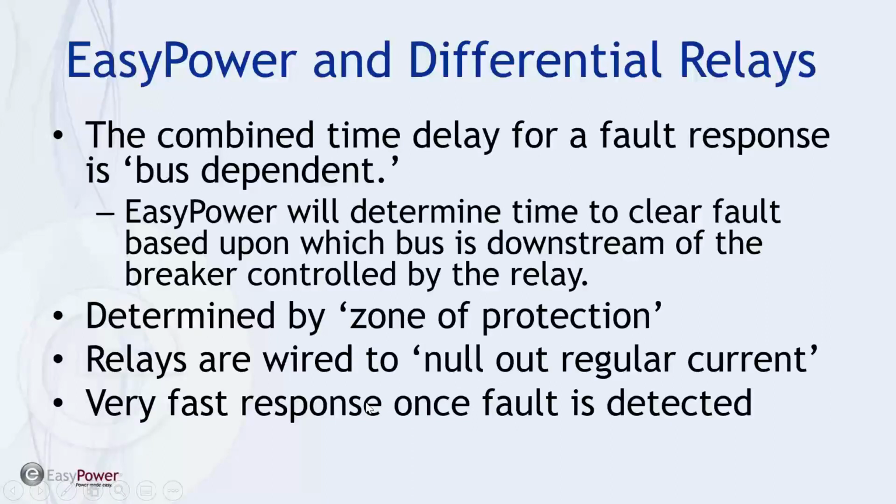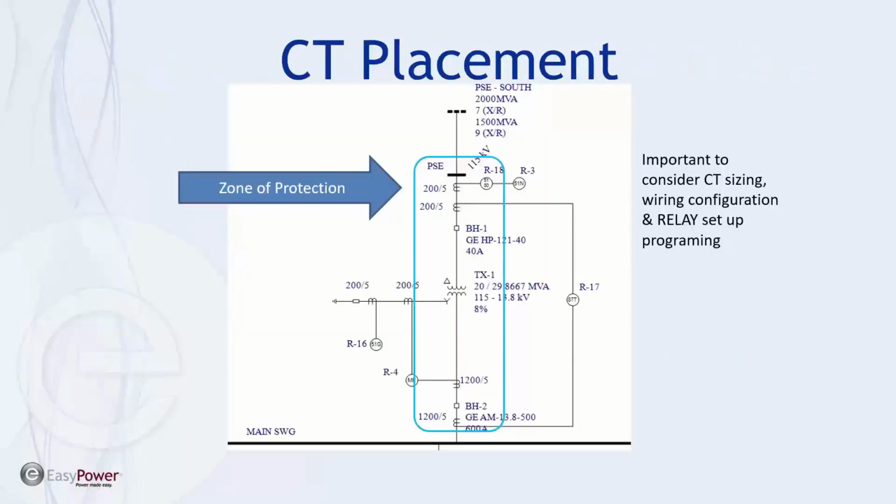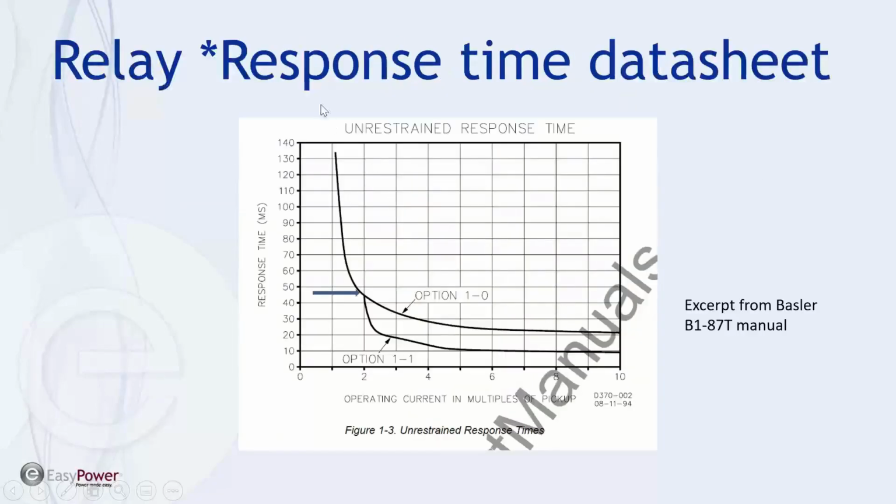As a result of having that very fast response, we are basically counting on the manufacturer's data sheet to tell us what the response time is for this relay if these CTs trigger that relay to trip. If we look in the manufacturer's data sheet, we see roughly, for the amount of current that we're talking about, just under 2000 amps, the differential time is going to be just under 50 milliseconds.